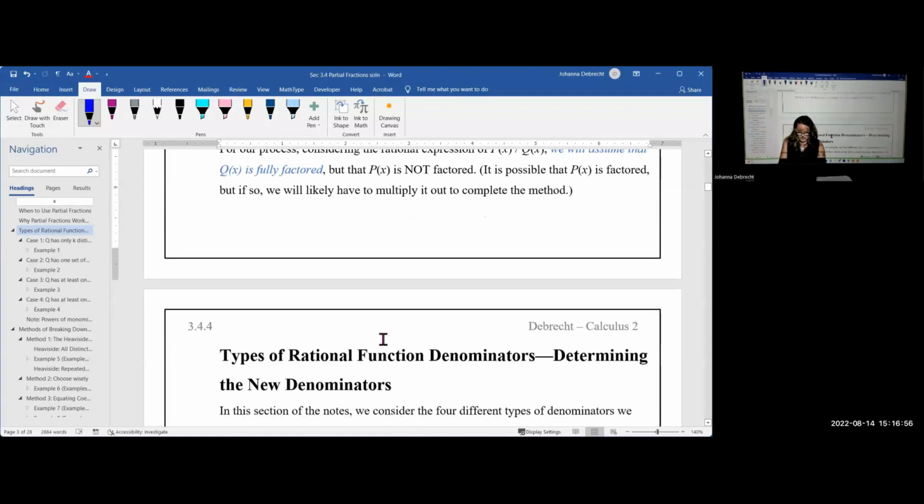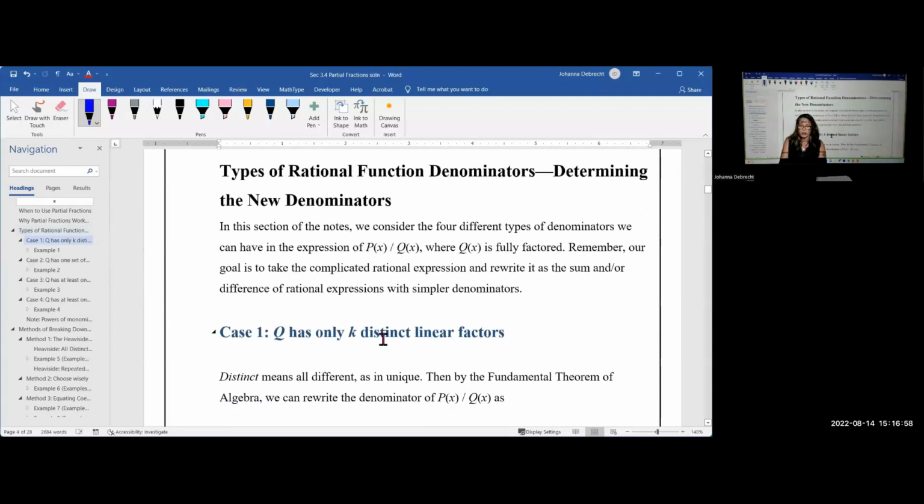So let's now consider the 4 different types that we talked about a minute ago for the denominators. Remember, we could have just distinct linear factors, or we could have at least one linear factor that repeats, raised to a power bigger than 1, or we could have an irreducible quadratic factor, that's the 3rd, or we could have an irreducible quadratic factor raised to a power, that's the 4th.